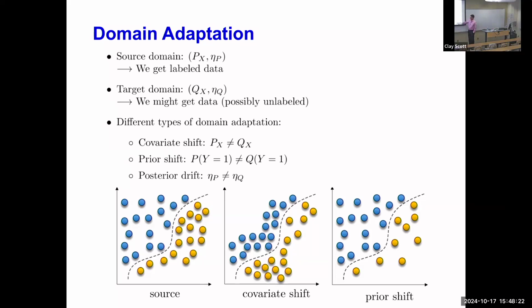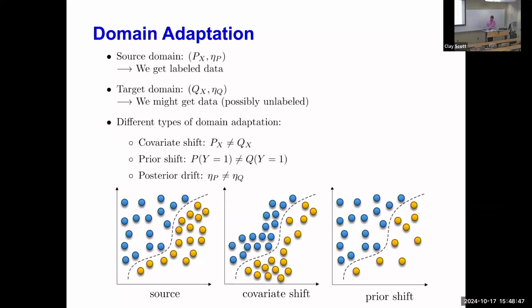In prior shift, the relative proportions of the two classes change, and so it might look something like this. And in prior shift, the decision boundary may or may not change. It could change, actually, although that's not shown in this figure.